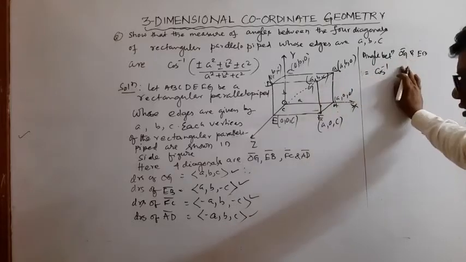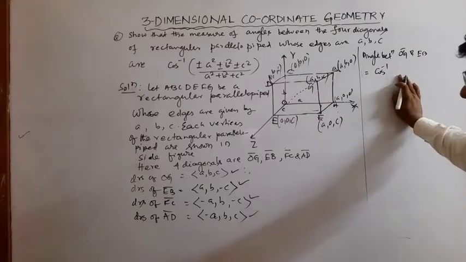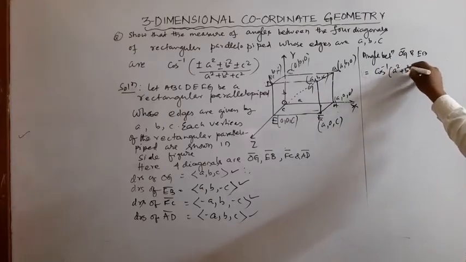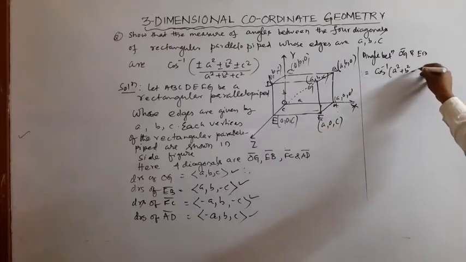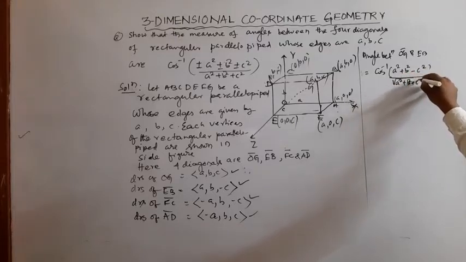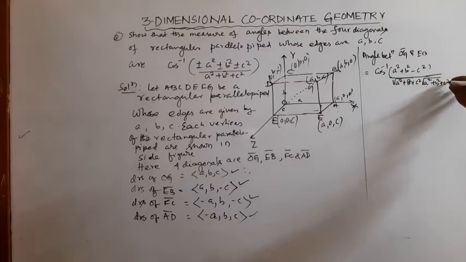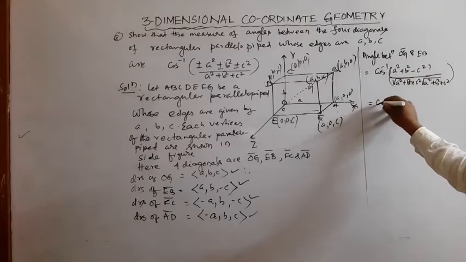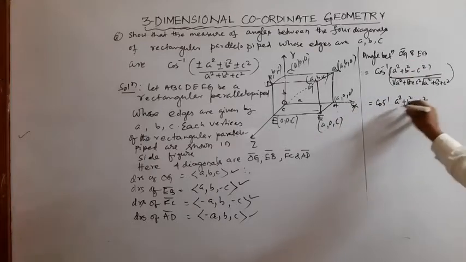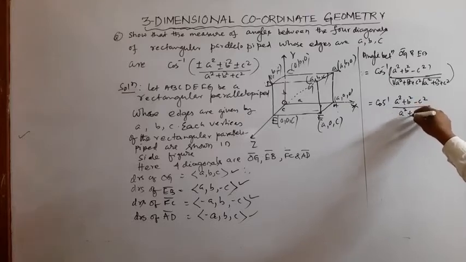Cos inverse (A square plus B square minus C square) divided by root over A square plus B square plus C square, root over A square plus B square plus C square. So this is cos inverse (A square plus B square minus C square) by (A square plus B square plus C square).